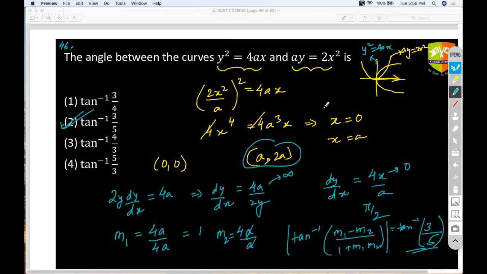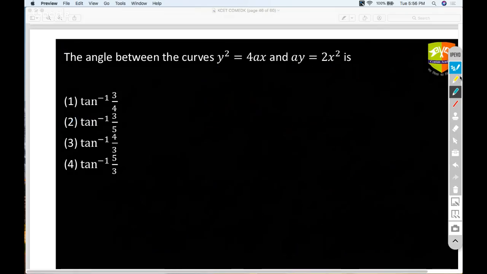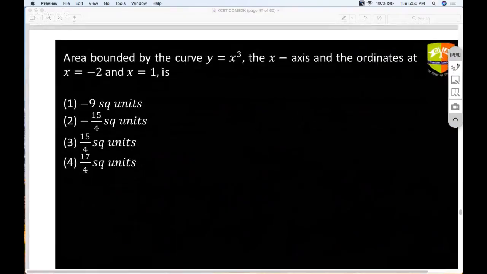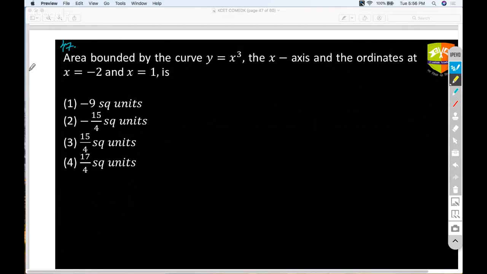Is that fine? Clear? Let's move on to the next one, which is question number 47. The area bounded by the curve y equal to x cube, the x-axis, and the ordinates at the point x equal to -2 and x equal to 1.